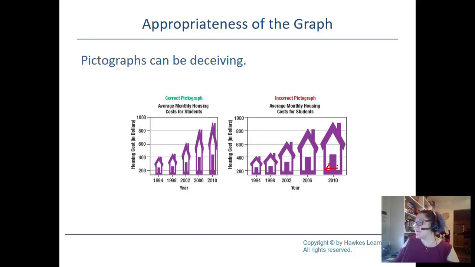This picture is a lot wider than this picture here. In order for a pictograph to be correct, all of those widths need to be the same width, and so the picture should look distorted. If the picture doesn't look distorted, then your pictograph is probably a little deceiving and not correct.